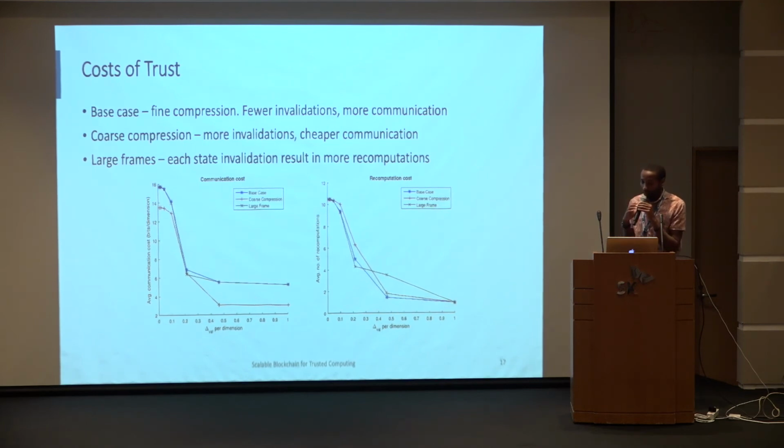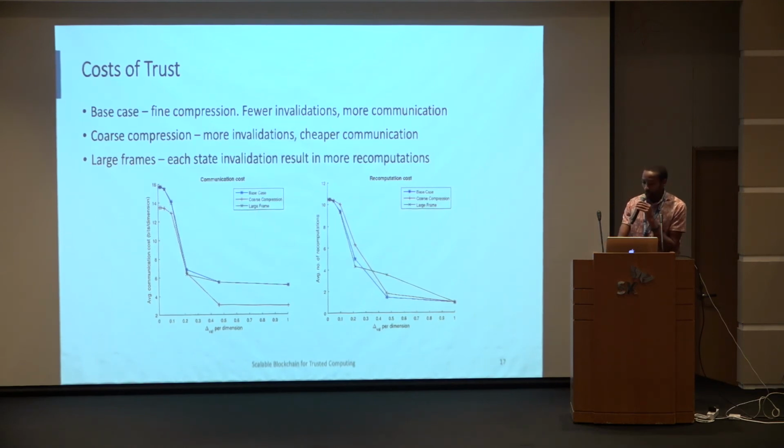Also, we can see that the communication cost is minimum when we compress coarsely, as each state takes fewer bits to communicate. Also, to note on the communication cost, when you use a larger frame, it marginally reduces the communication cost, because at that point there are fewer frames and so fewer checkpoints, and so fewer bits to be sent.